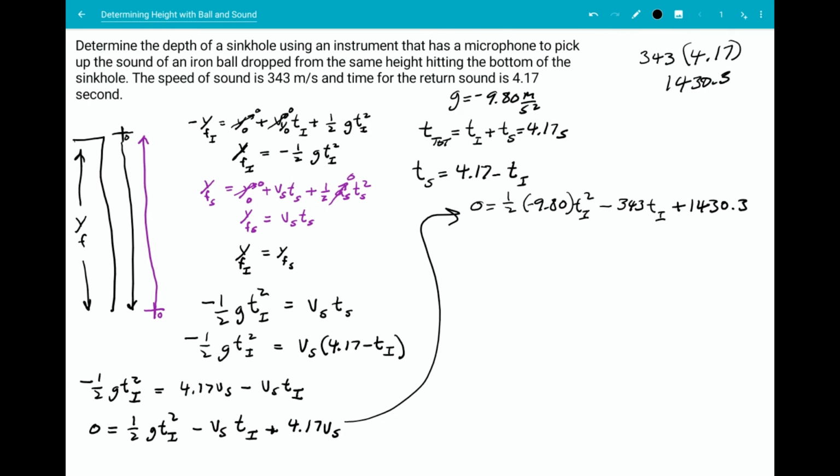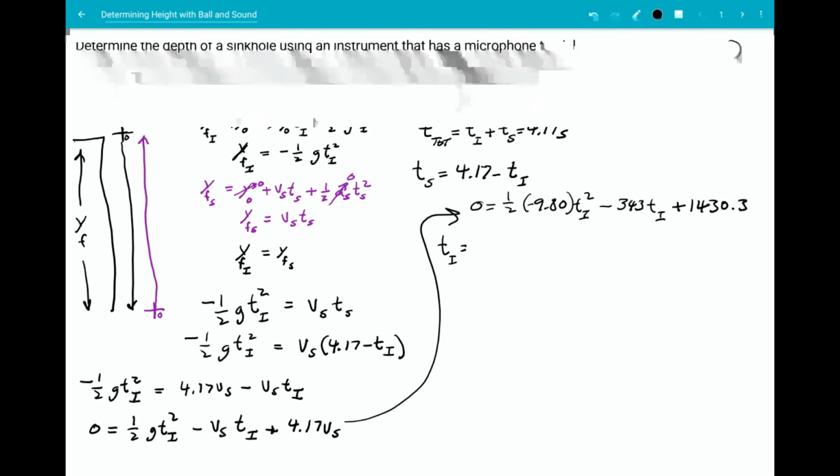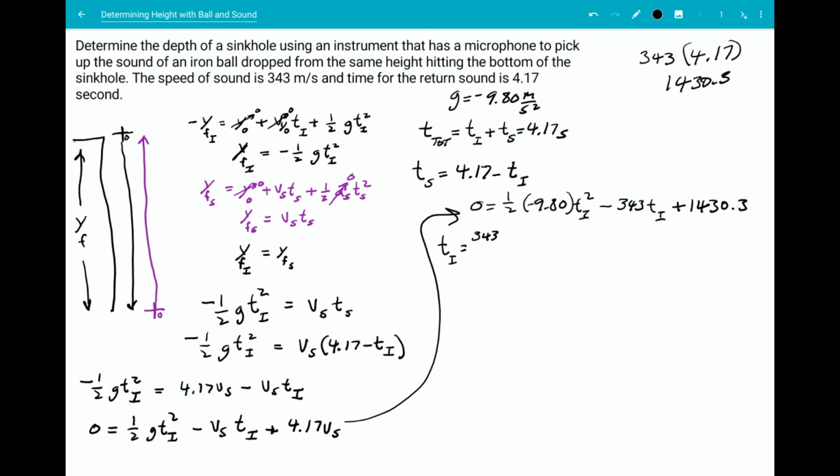All right, now I have my quadratic equation. I can actually use t i equals, so it's a minus, so that's going to be 343 plus or minus, I'll put my fraction bar, square root, I make that huge, negative 343 squared minus 4. And since it's 1/2 negative 9.8, I know that that's negative 4.90 times 1430.3.